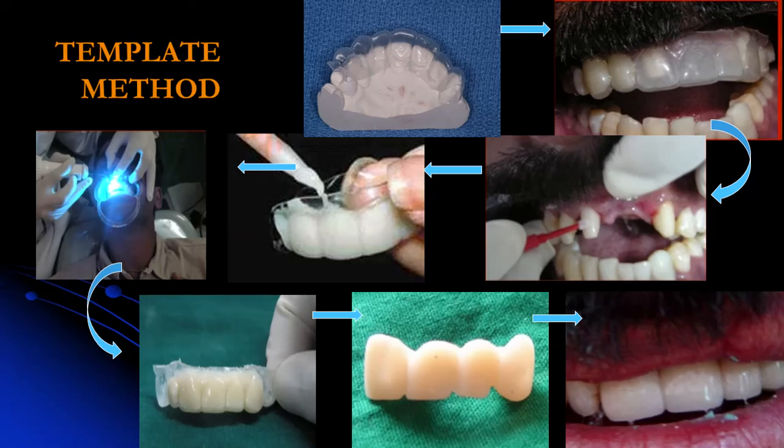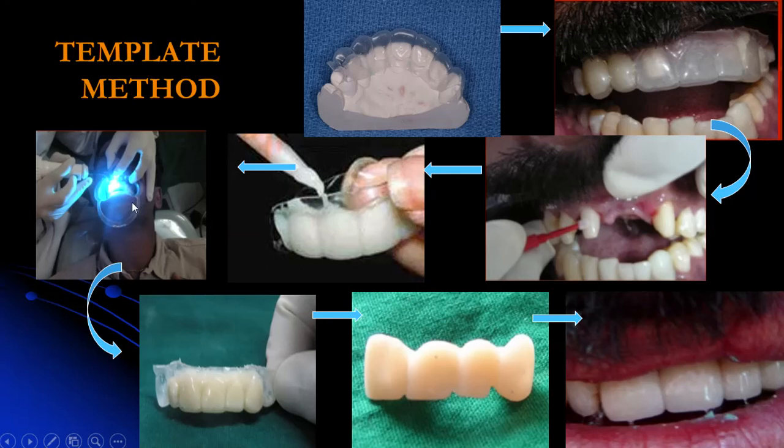Okay, then with a separating medium, we fill the template or matrix with composite or acrylic. Here we can use light cure composite because the material is transparent and the light can pass through it. So here we used light cure composite.